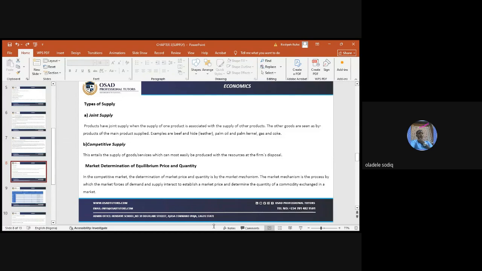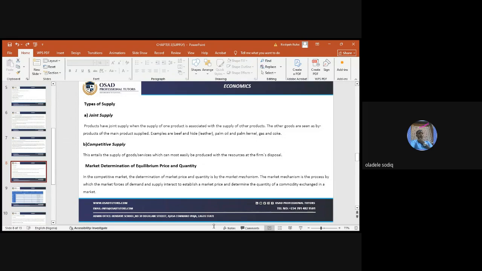Then we also have competitive supply. So what is competitive supply? This entails the supply of goods and services which can most easily be produced with the resources at the firm's disposal. So competitive supply are supplies of goods and services that are easy to produce with the firm's or suppliers' resources.